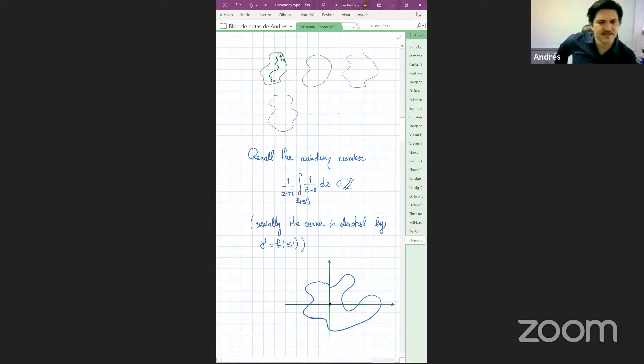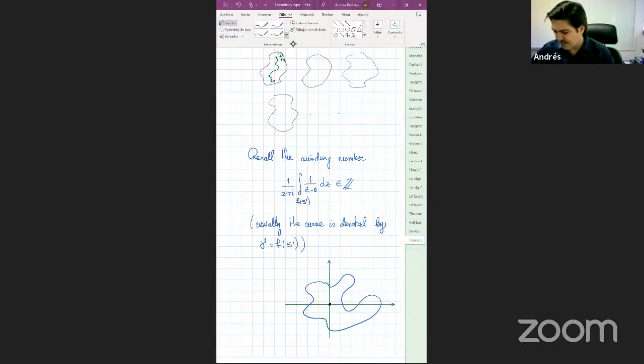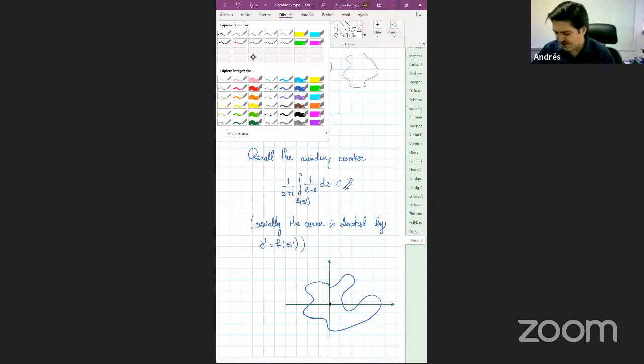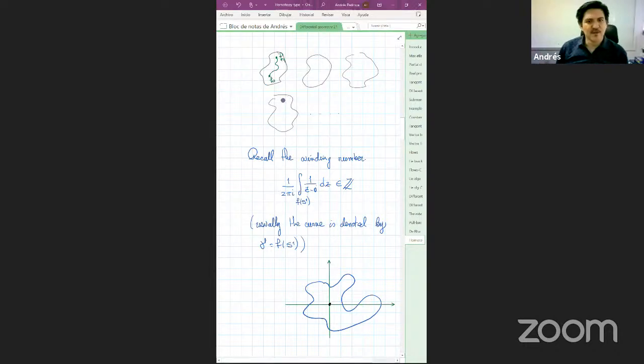So this is something that you study. But not only that, you actually really got your hands into this. And you know that to compute the winding number of some curve, here I just wrote a simple closed curve. It doesn't intersect, but that can happen. And remember that the orientation is important, right?